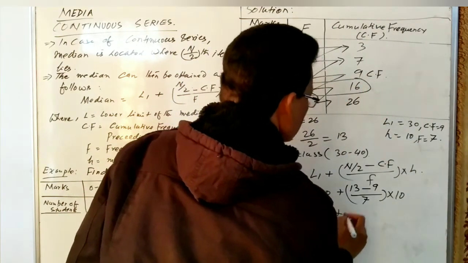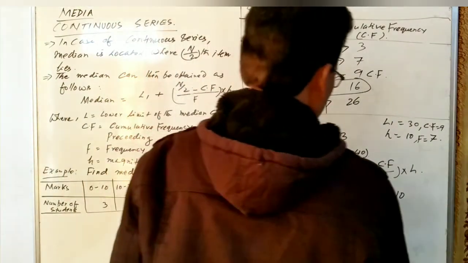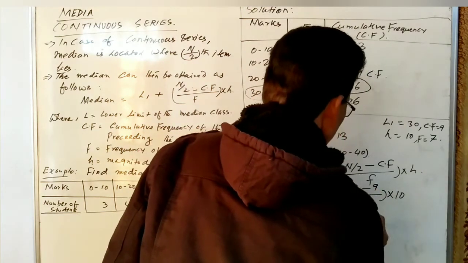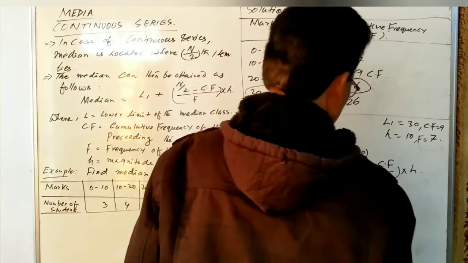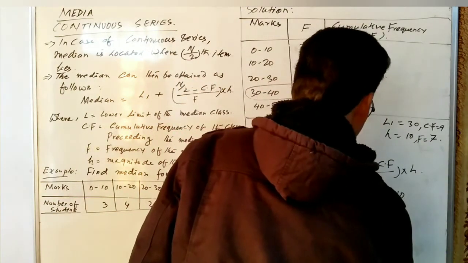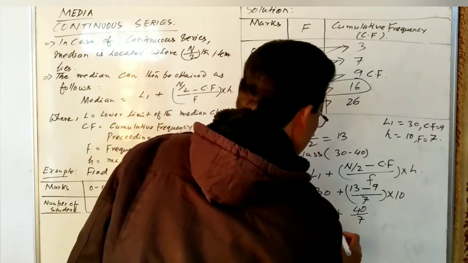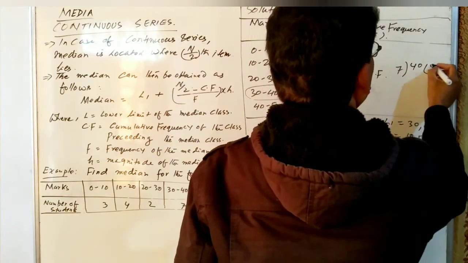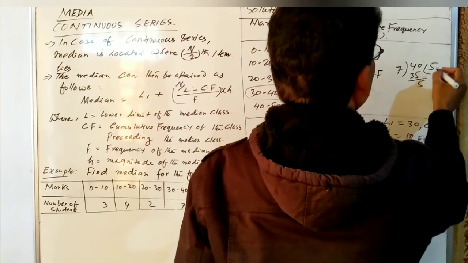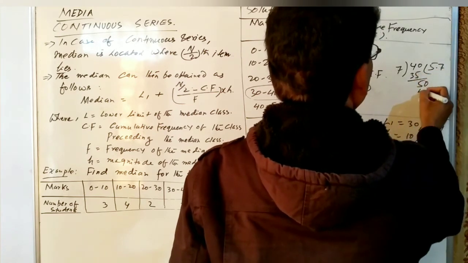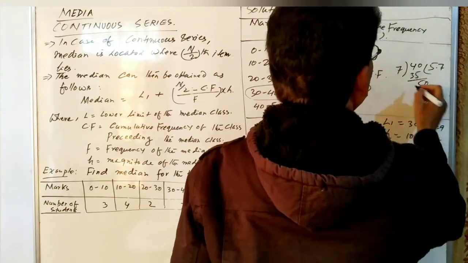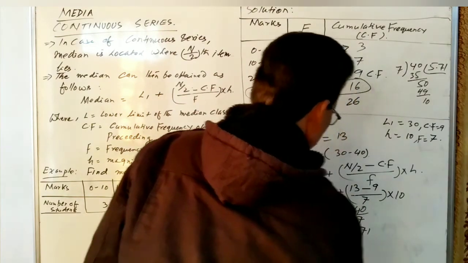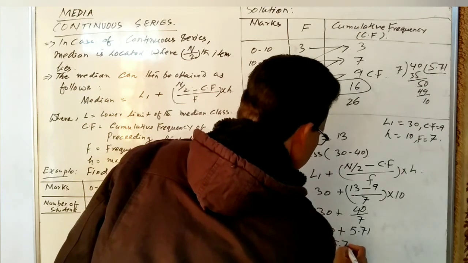This is 30 plus 4 divided by 7 into 10, so 30 plus 40 divided by 7. 40 divided by 7 is 5.71. So it means 35.71.